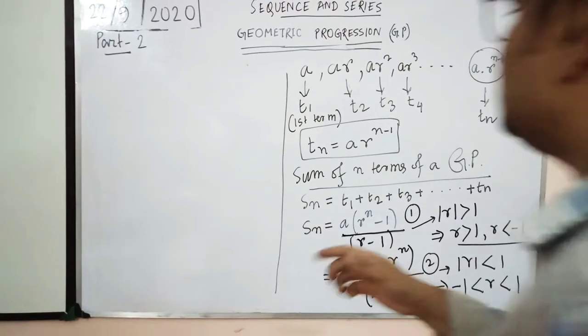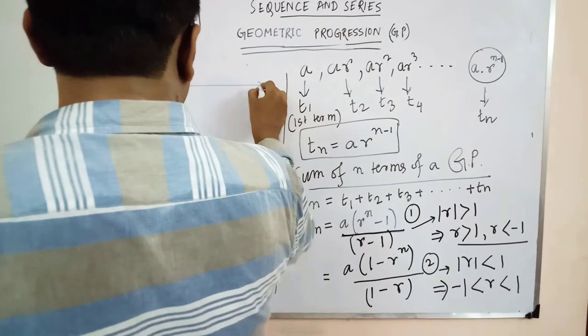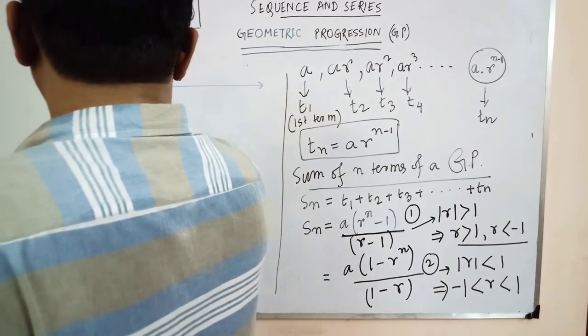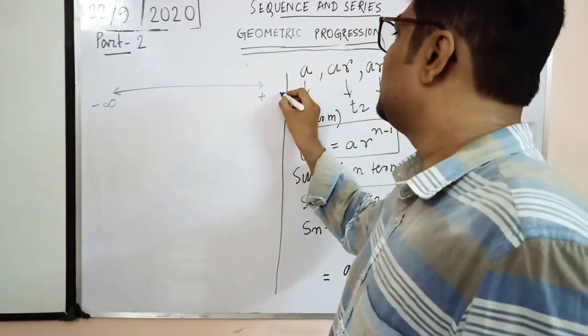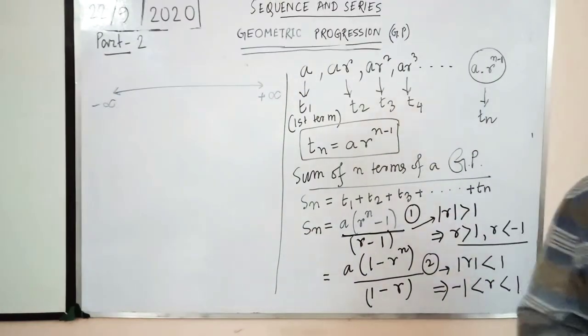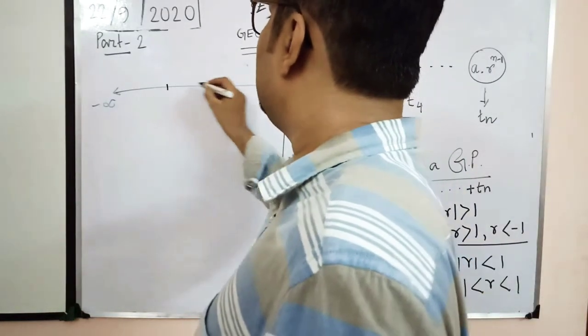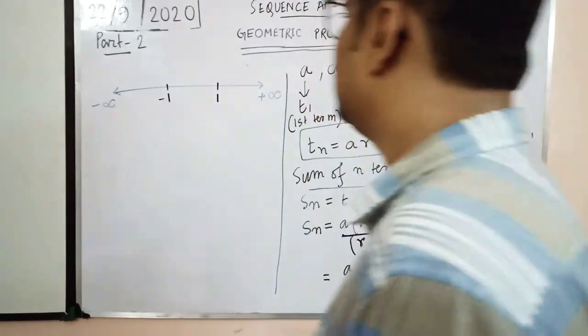Now I have erased this part. So if you draw the number line, you know how the number line is drawn, starting from minus infinity to plus infinity. Say there are critical points over here at minus 1 and 1.